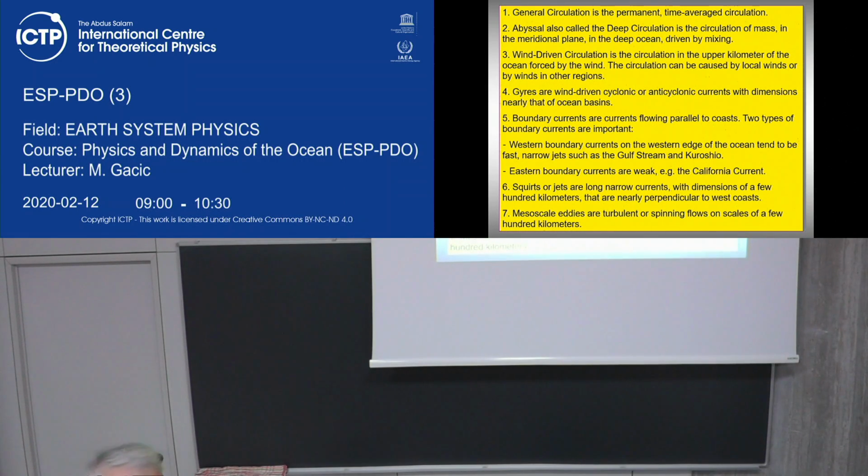Mesoscale eddies are smaller closed structures with respect to gyres. Gyres are wind-driven cyclonic and anticyclonic features on the dimensions of the ocean, while mesoscale eddies are smaller turbulent features which are closed, cyclonic or anticyclonic depending on whether they are clockwise or anti-clockwise.